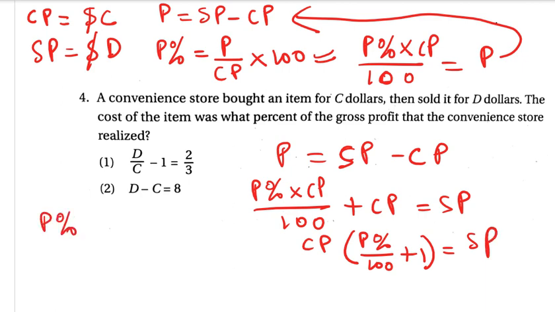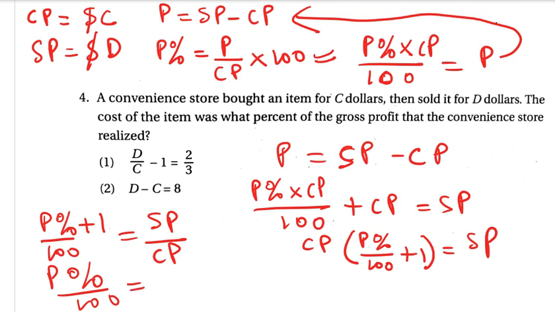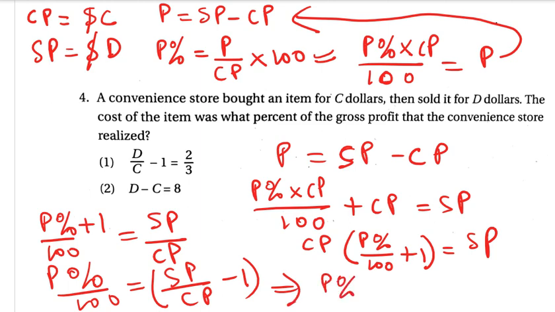So you have P percent by 100 plus 1 is equal to SP by CP. Now how would you find this P percent by 100? It will be SP by CP minus 1, right? That implies P percent will be SP by CP minus 1, into 100.